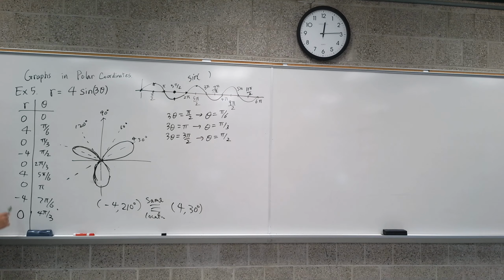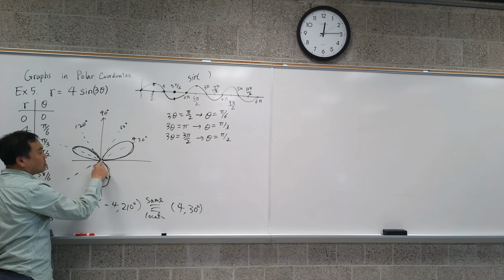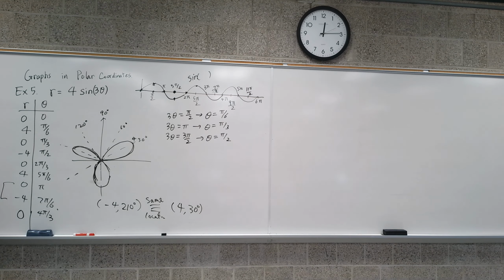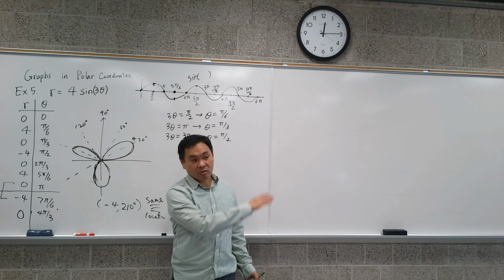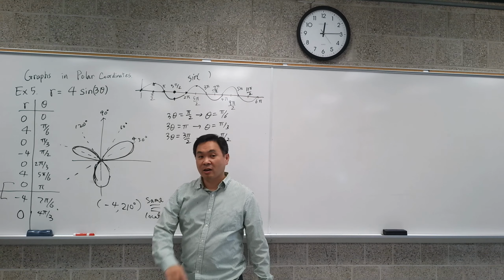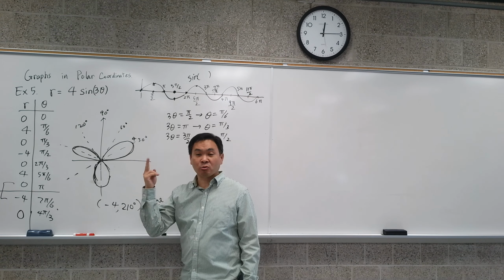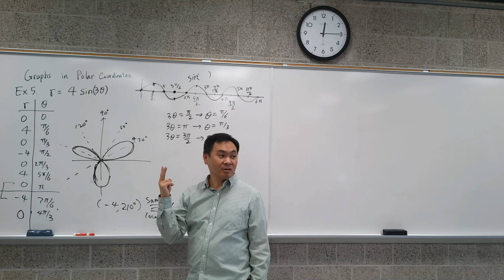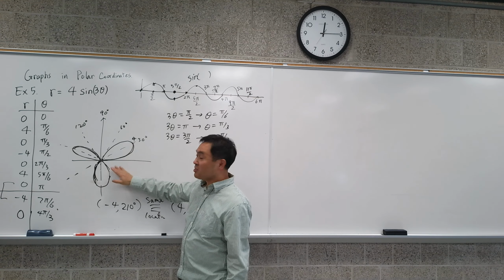So what's happening from here to there is that it will basically retrace 0 to 30 degrees part of the graph. So you keep following this and you find out that as you go from 0 through 360 degrees, as you go around, this graph is covered twice. Okay? So it's a double drawing of this petal.